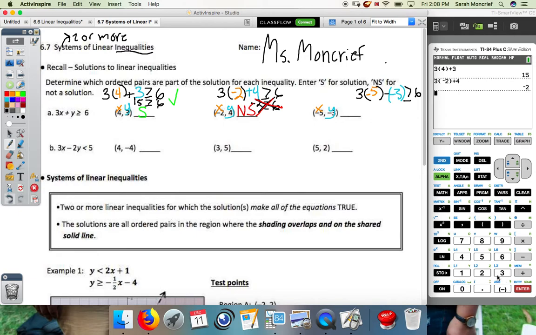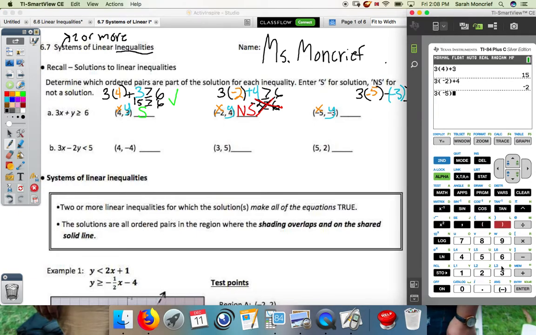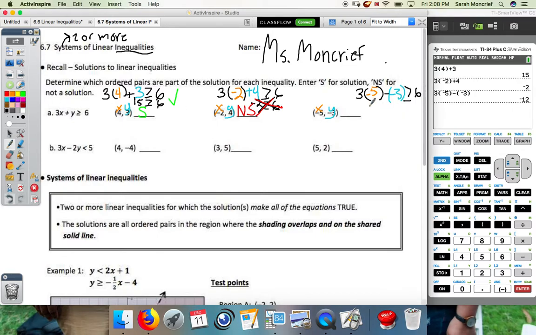So 3 times negative 5 minus negative 3, and what do we get? We got negative 12. Sorry, it's negative 12. Is negative 12 greater than or equal to 6? Waiting for an answer. Just kidding. No, it's not. So again, that is not a solution.